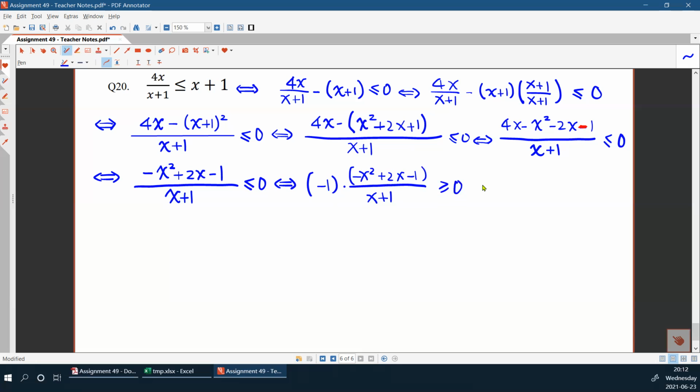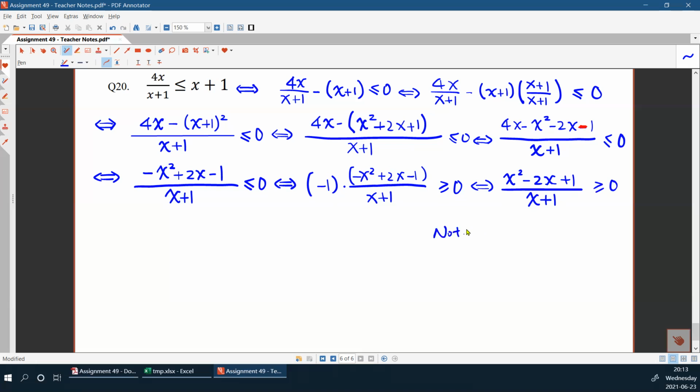Greater than or equal to 0, right? And minus 1 times the numerator actually becomes x squared minus 2x plus 1, right? Can you recognize which formula should be used in the next step?